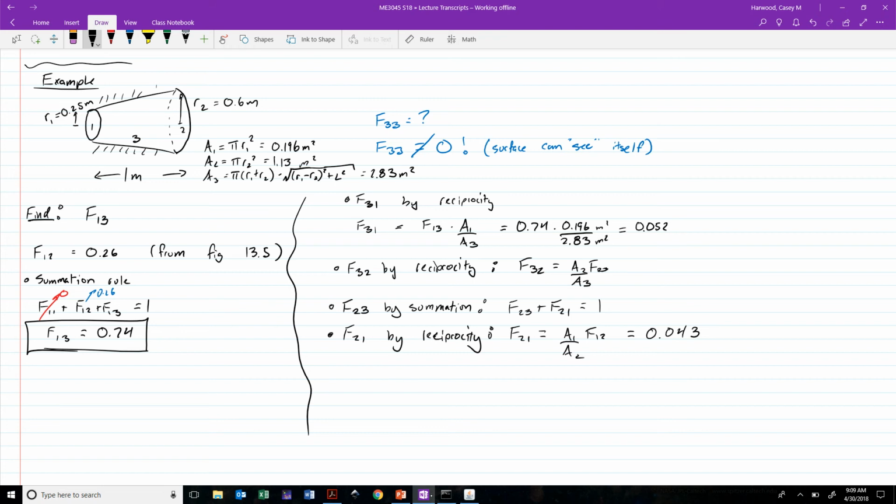F23. One minus F21, right? Which should indicate that this is equal to 0.957. So we've got F23. We'll plug that in to find F32.